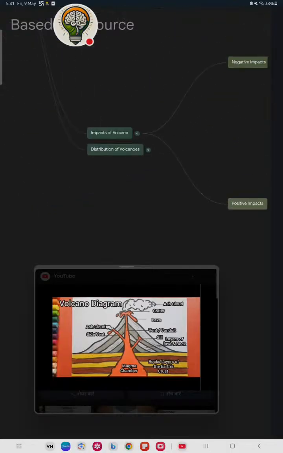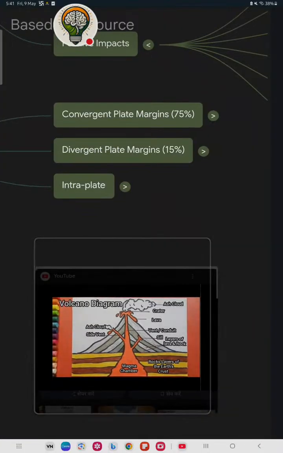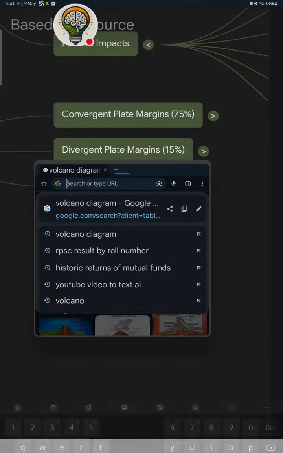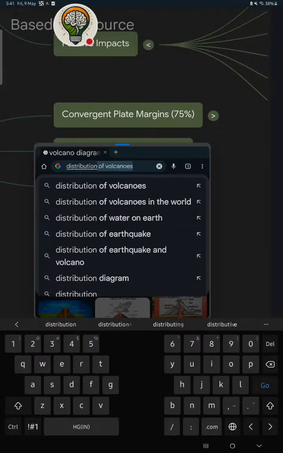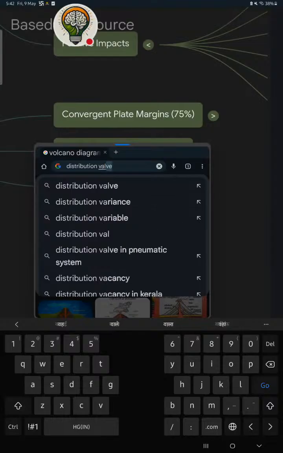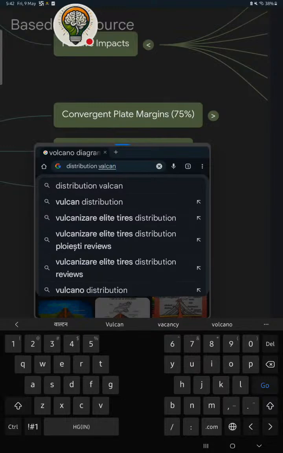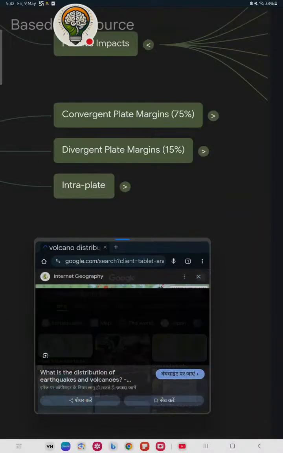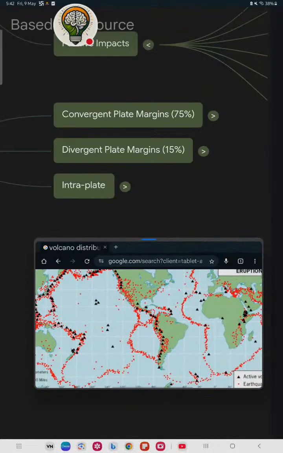Then comes the distribution of volcano. We have this map showing the distribution of volcanoes in the parts of the world.